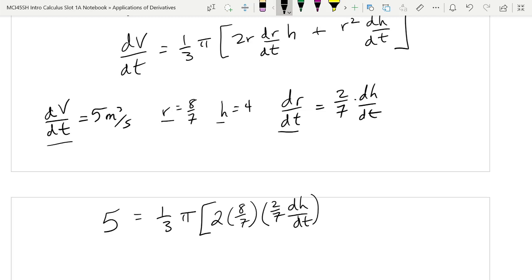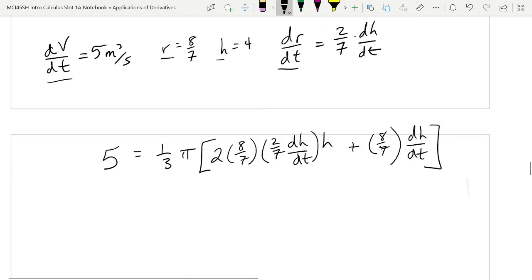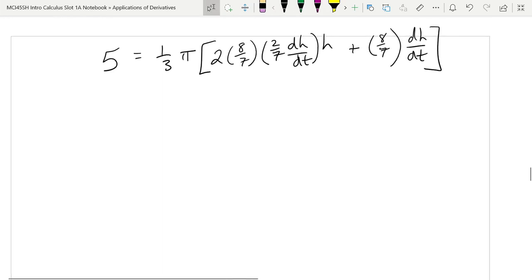And then we still have an h. This time I won't forget it. Plus, and the r can be replaced by 8/7. And dh by dt is the sole variable that we're still looking for, right? That was the whole question that we were being asked. How fast is the water level rising?